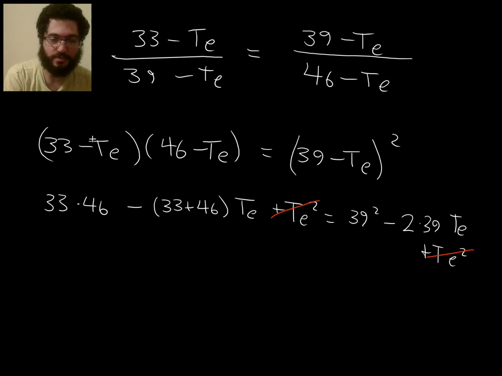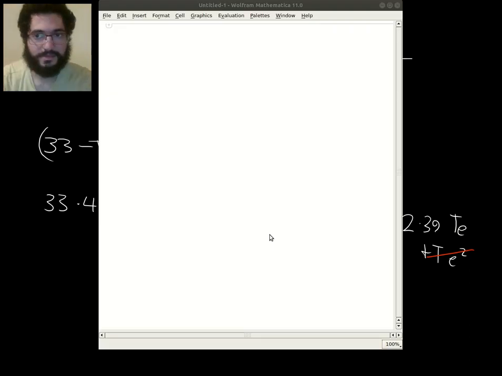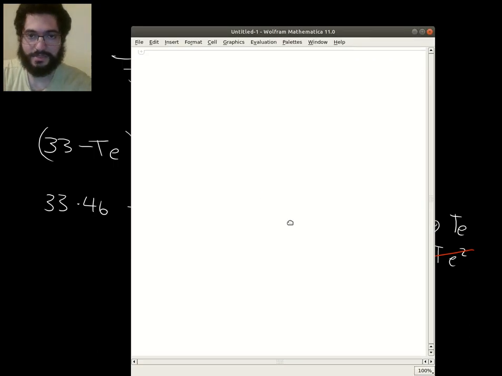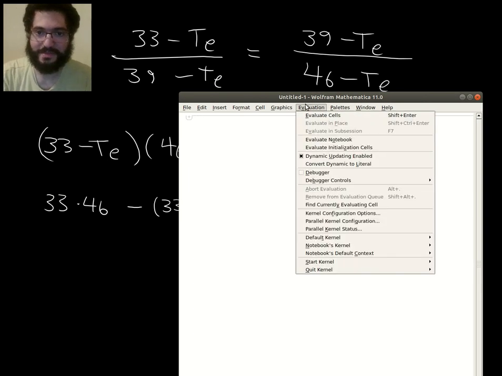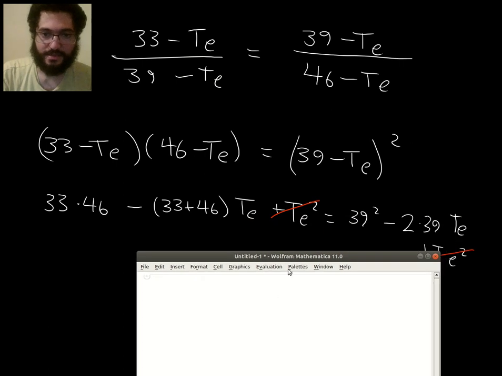And the rest is algebra, so how about I just skip that? Or, what might be more interesting is if I just show you how to get Mathematica to solve it. This is meant to encourage you to use Mathematica to speed up doing your homework. So here I've got 33. I'm just going to put in the original equation rather than the one where I possibly made mistakes.